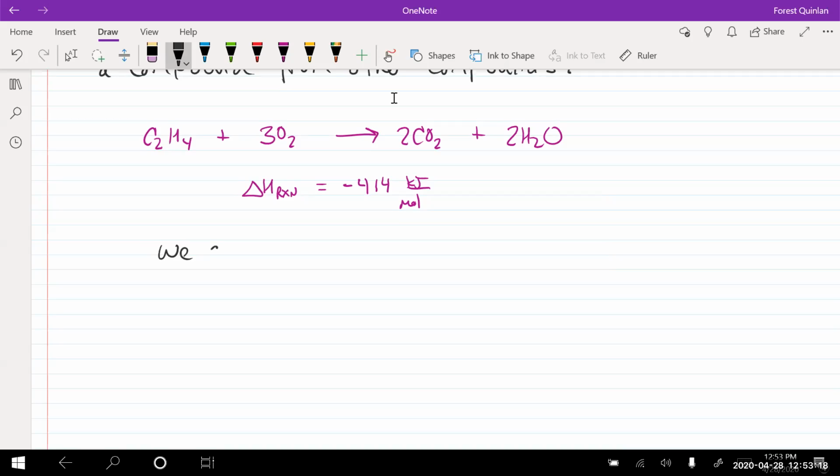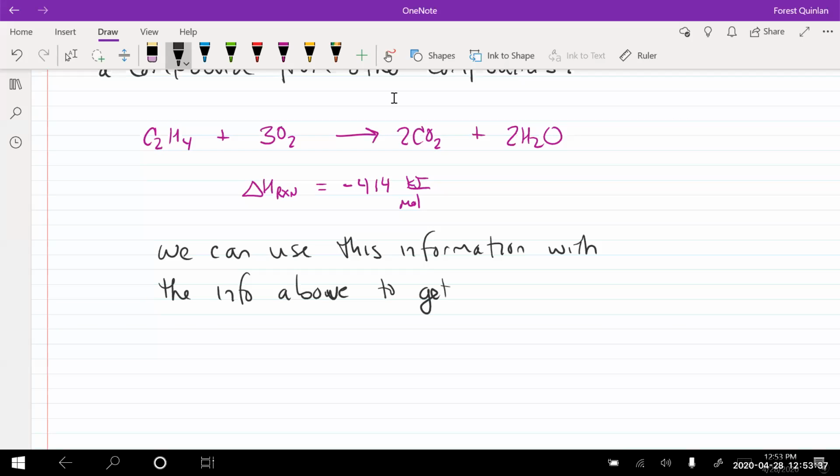I'm going to say we can use this information with the info above to get the delta H naught of formation for C2H4.